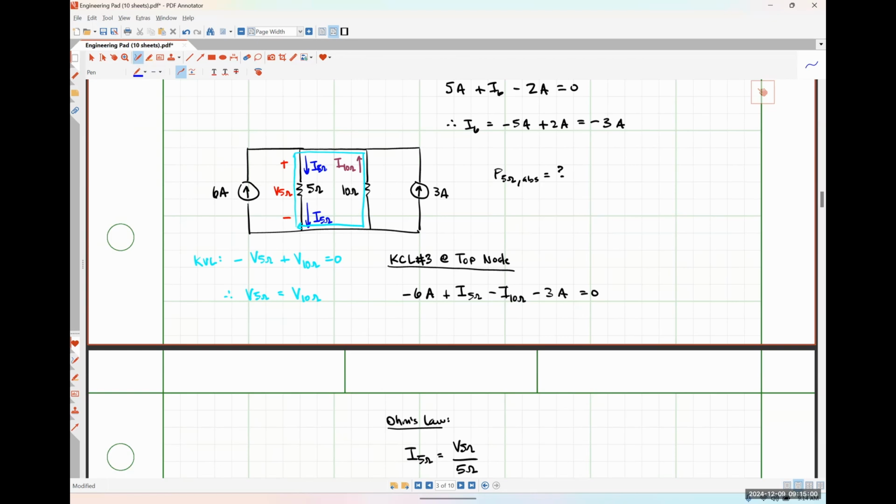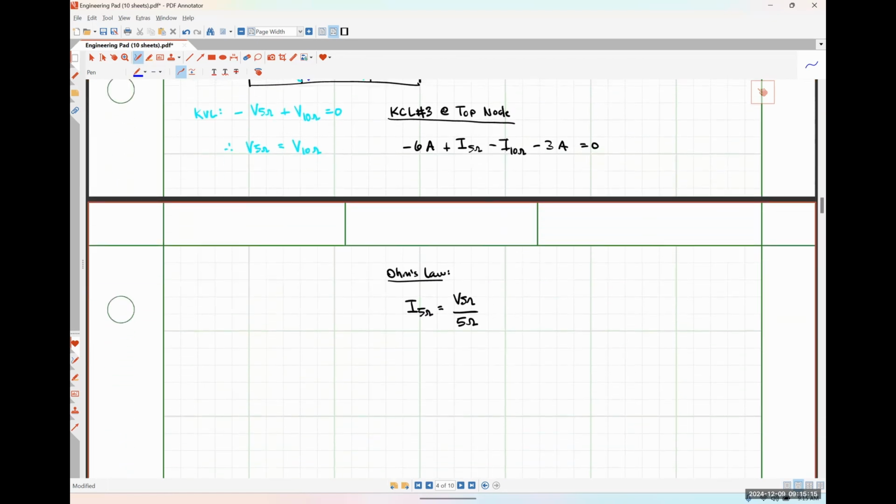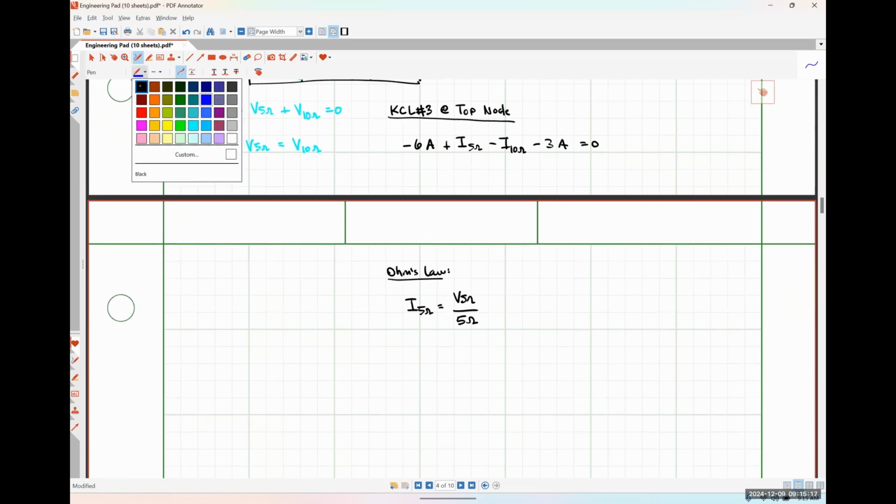Yes. Is it flowing into the positive? Absolutely. So into the positive polarity terminal is the same thing as out of the negative polarity terminal, okay? So our Ohm's law expression down here should get a positive sign, so we don't need to make any modifications. What about our expression for I10 ohms?